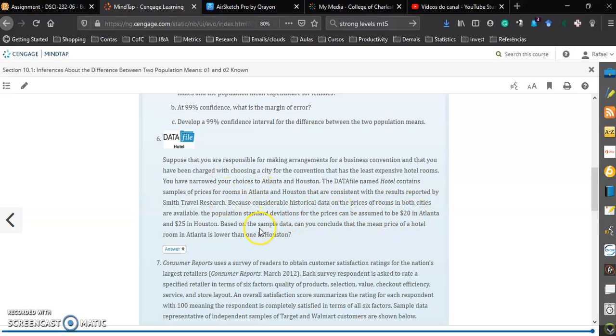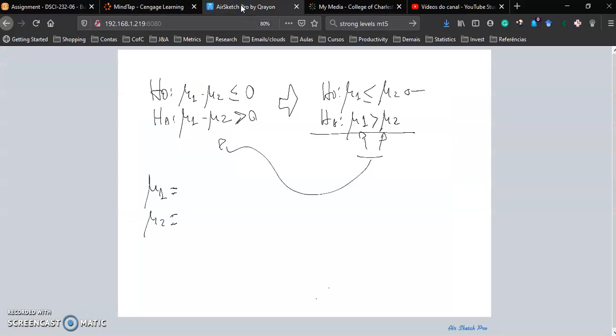The statement of the problem doesn't give us the means, but gives us the data. So let's say we use the data and we have, I don't know, let's say for Atlanta it is 150, for Houston it is 180. So I have to come up with the hypothesis, okay?